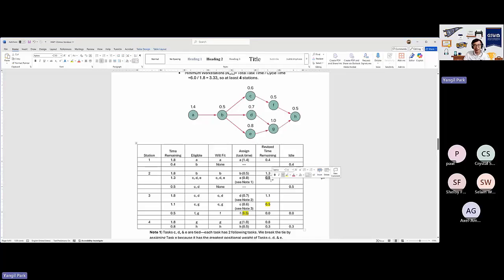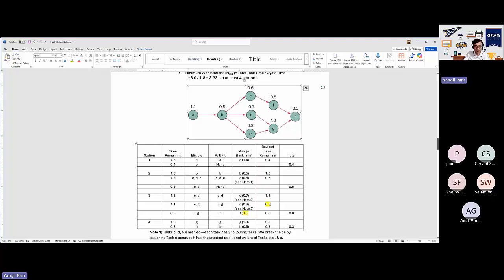Okay. So the next eligible task will be either C or D, right? These two, C or D. If you go this way, you have only 1 remaining, so you need to go C or D because of 2 remaining tasks. So either 0.6 or 0.7 will fit into 0.5?